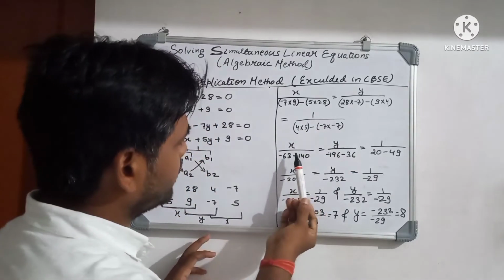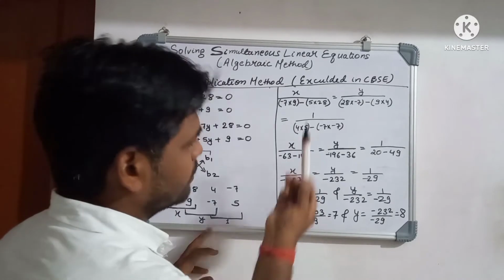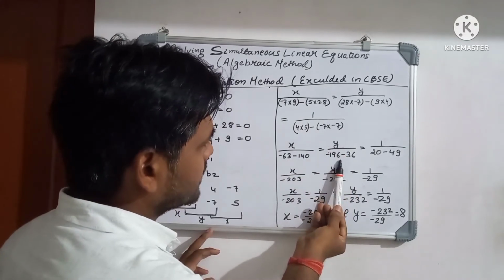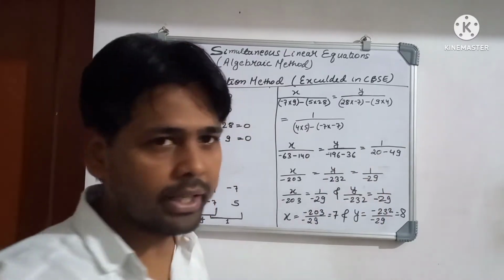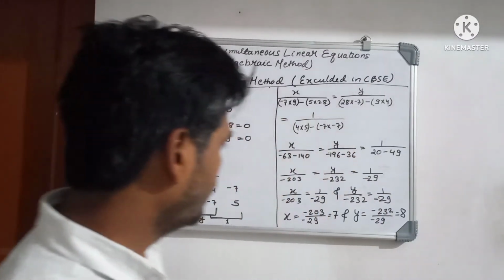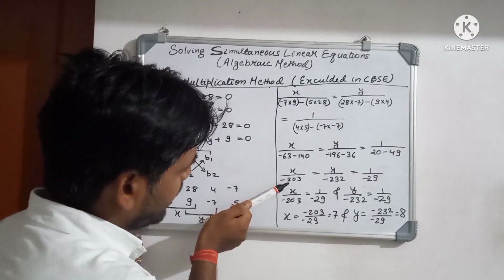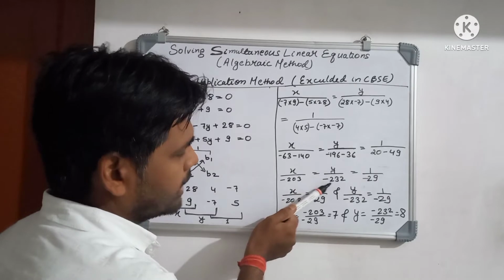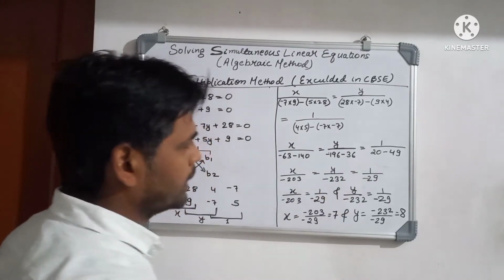As a result, we will obtain x upon minus 63 minus 140, y upon minus 196 minus 36, 1 upon 20 minus 49. On further solution, we will obtain x upon minus 203, y upon minus 232 and 1 upon minus 29.